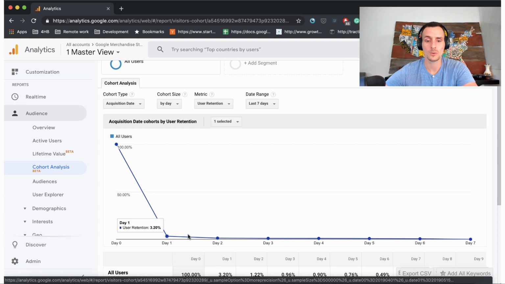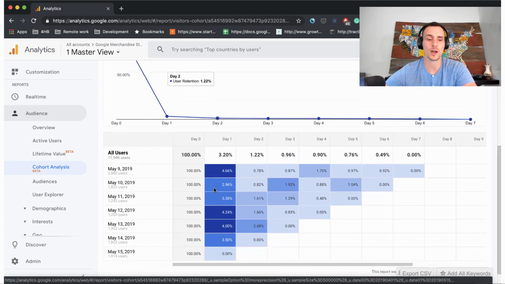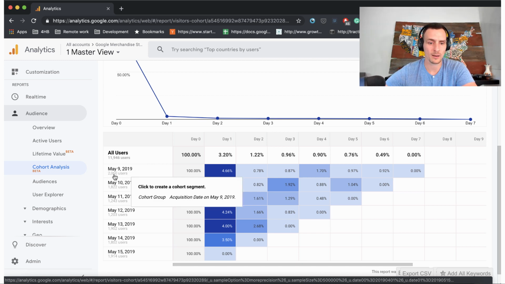And so this will actually give us an average idea over time of whether or not users are returning to our site. And so you can see down here, this is a cohort analysis. If you can read that, May 9th, 2019, we had 2,000 users. So day 0, 100%. Day 1, only 4% came back.